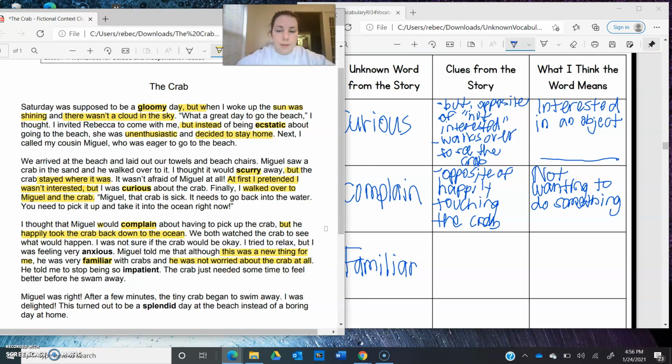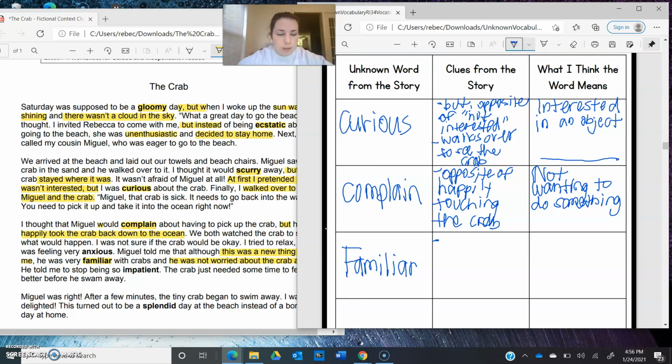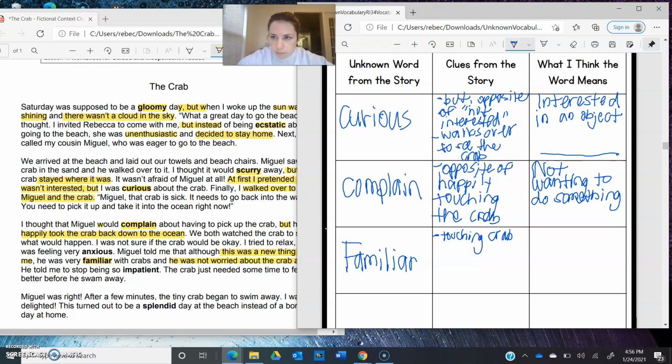So I'm going to write for the clues, and you might have written similar ones, that touching crabs was not new, and he was not worried.